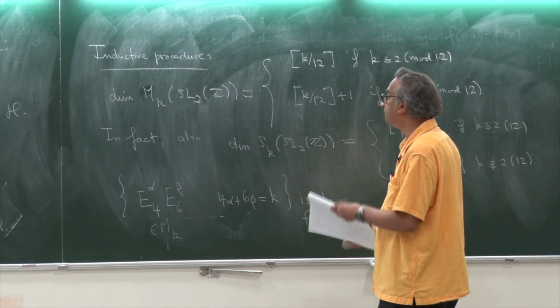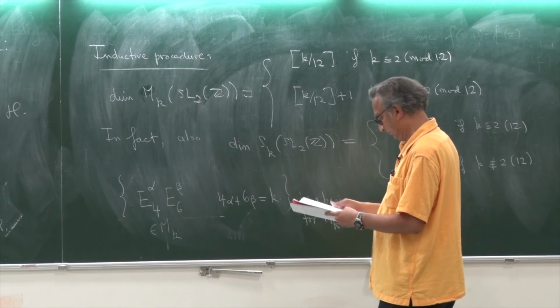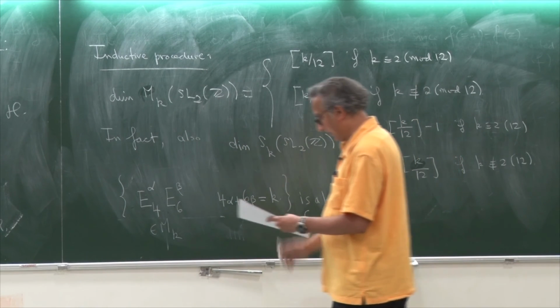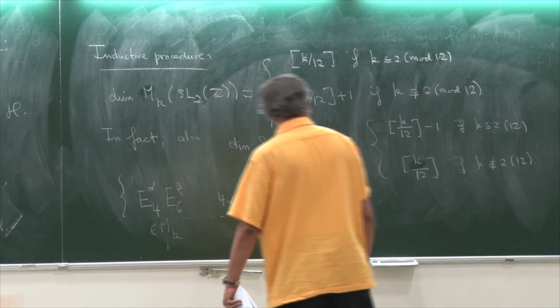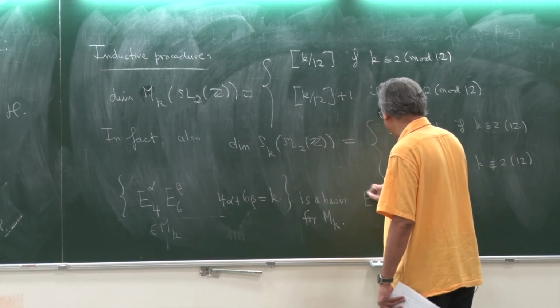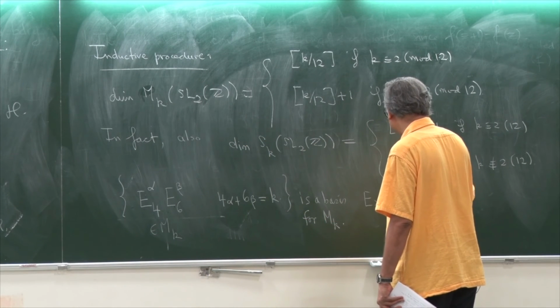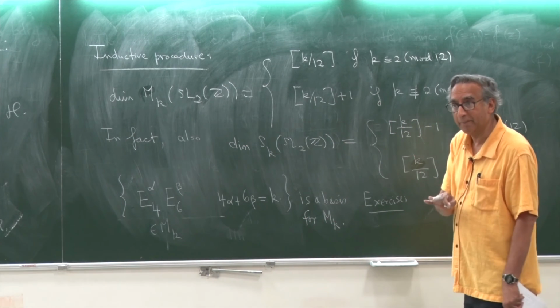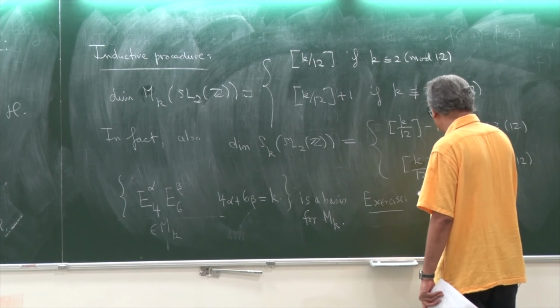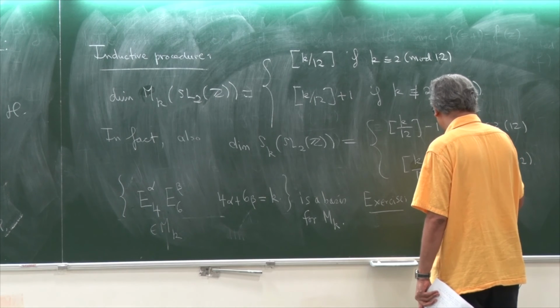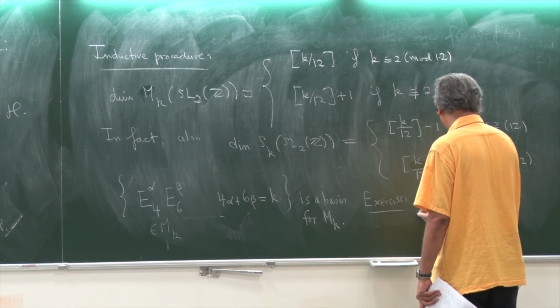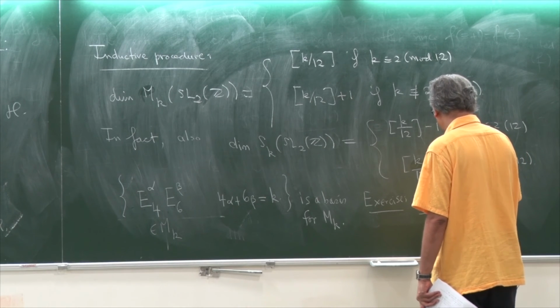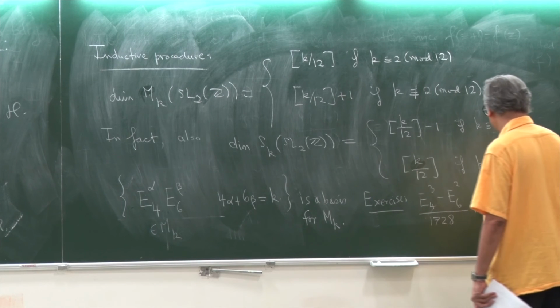And now, with this, there's one more exercise which I'd like you to do, and it's not totally trivial, by the way, at this stage of the game. Show that E4 cubed minus E6 squared, divided by 1728, has integer coefficients.